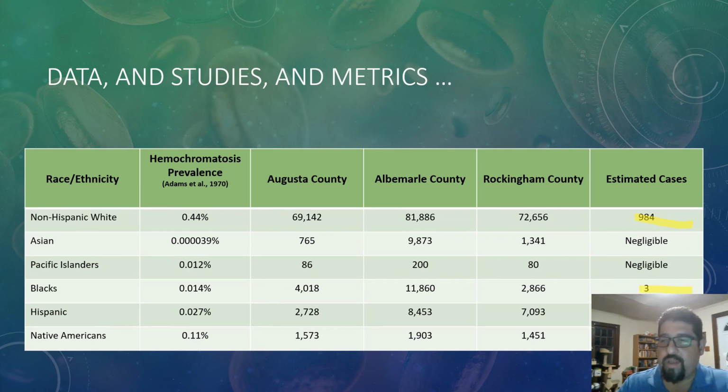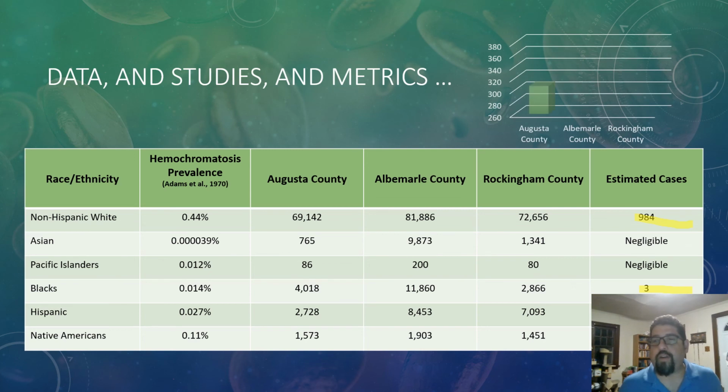I'm not sure if you can see the Hispanic over my face, but there is another 6 there, and Native Americans. There was 5 more there. So we're looking at potentially 999 people that could have this illness. So we're going to round it up to about 1,000.